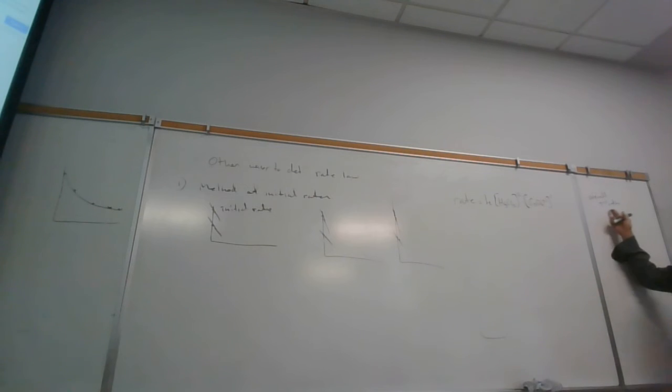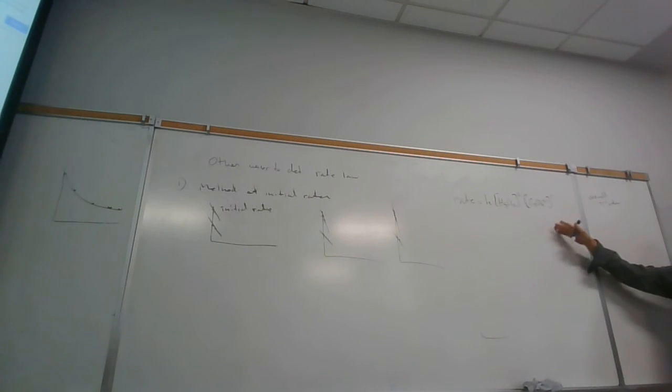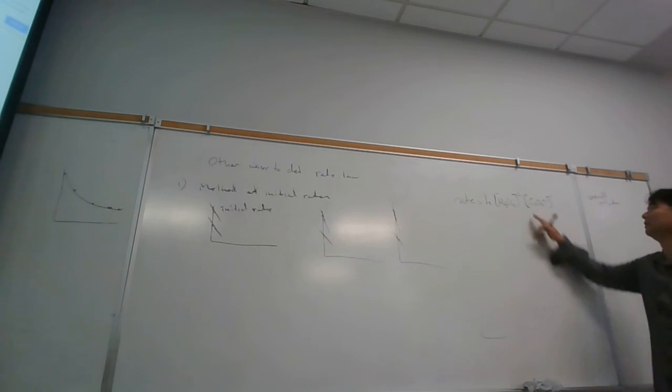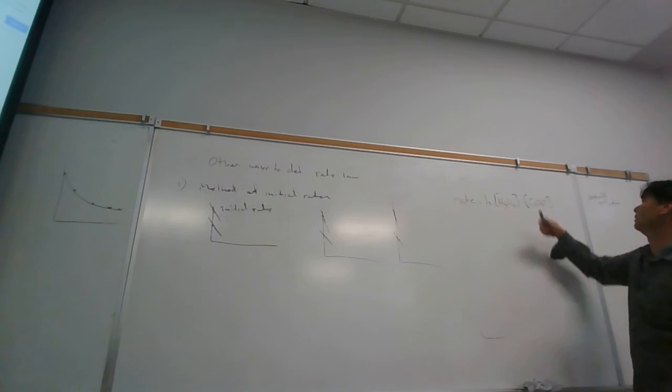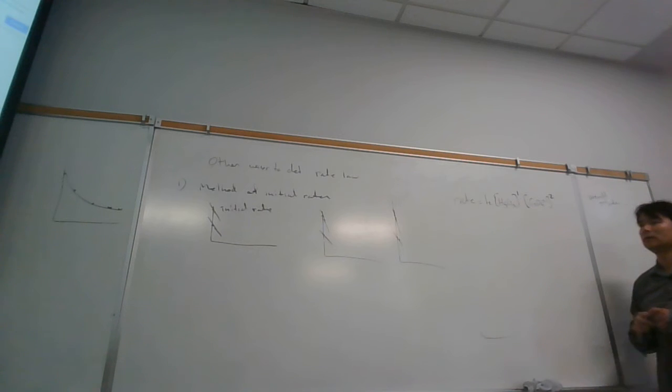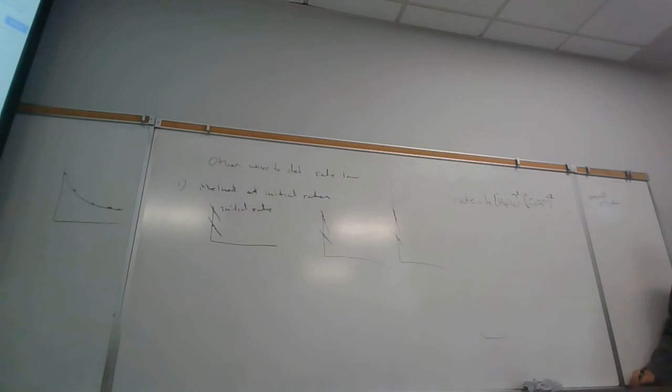Well, that's what third order means, because if I double everything, it's going to be 2 cubed, which is 8 times faster. Well, I thought we established that it was first order and second order. Oh, all right. I have it backwards. Sorry. So just flip what I just said.